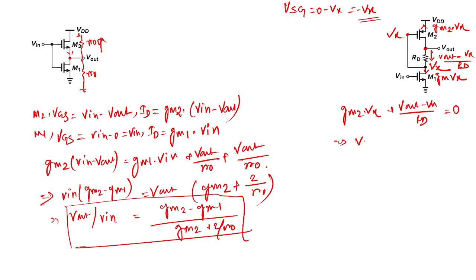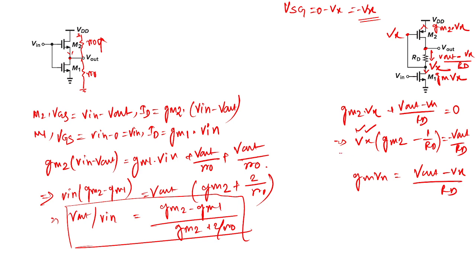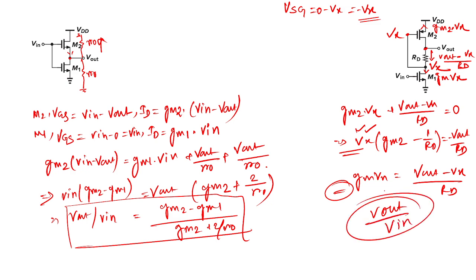So take Vx as common, so Gm2 minus 1 by RT, times Vx, minus Vout by RT. So you get some value of the Vx here, and in this node write another KCL, so it becomes Gm Vx is equal to Vout minus Vx by RT. So just solve these two equations, you get the value of Vout by Vin. You can do it as homework.